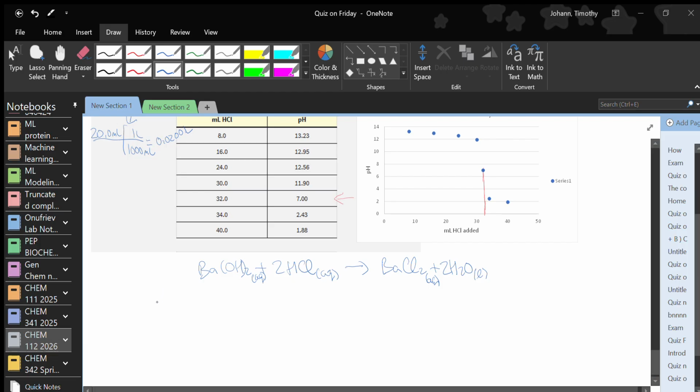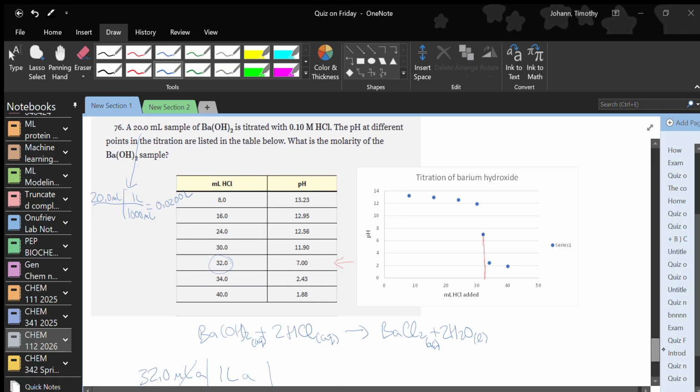So we took 32 milliliters, right? So 32.0 milliliters of acid. And if I have 1,000 milliliters of acid, I have 1 liter of acid. Milliliters of acid goes with milliliters of acid. And if I have 1 liter of acid, they gave us the concentration of our acid up here, which was 0.10.